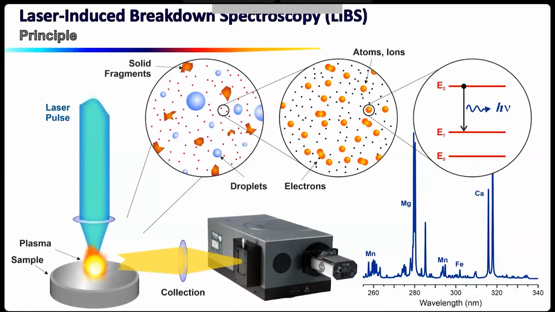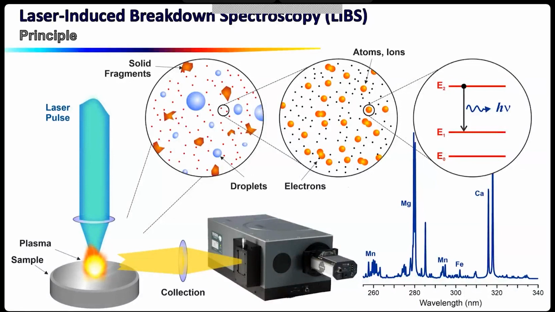So in LIBS, basically, you focus a laser pulse on the sample, and then you ablate a little part of matter that will lead to a plasma formation, like microstars that will emit a lot of light.